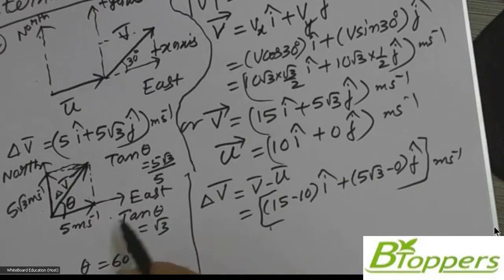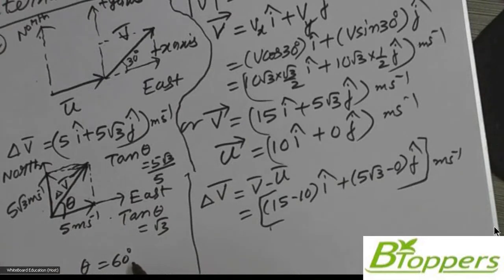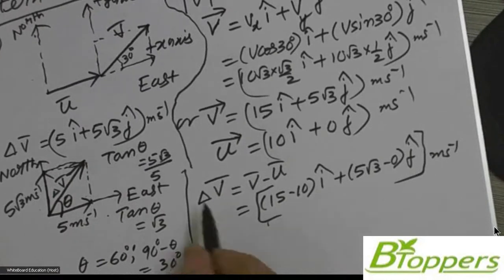What angle does it make with the north direction? 90 minus theta, or 90 minus 60. So the angle with the y-axis or with the north direction will be 90 minus theta, that is 90 minus 60 degrees, that will be 30 degrees. You can find the magnitude of the change in velocity vector.